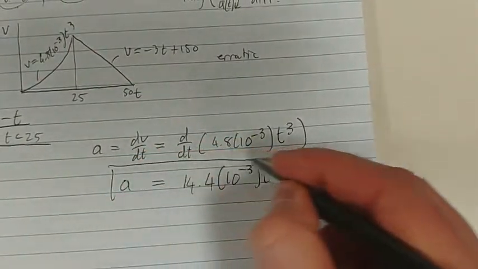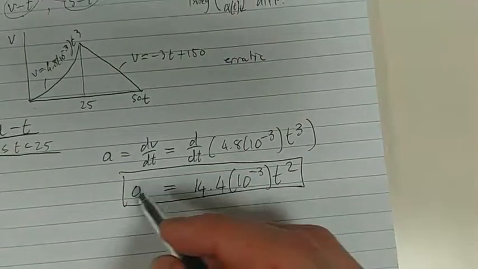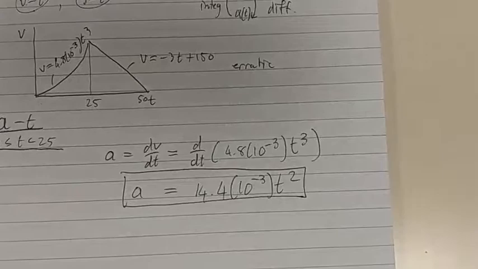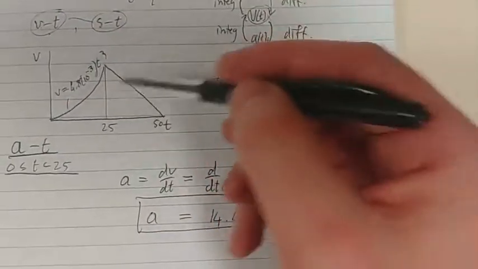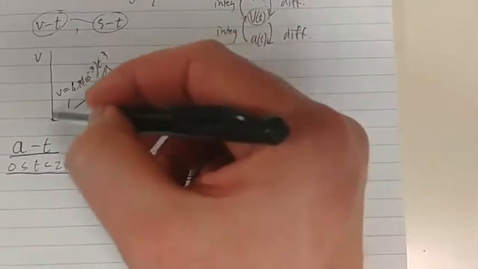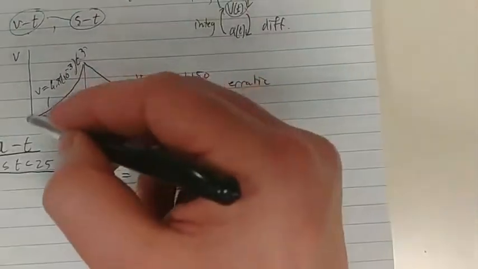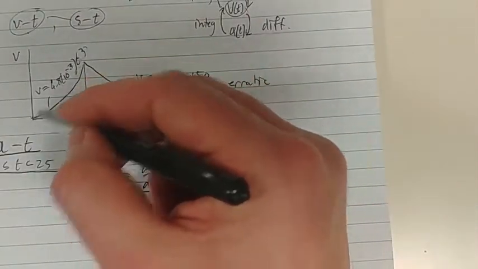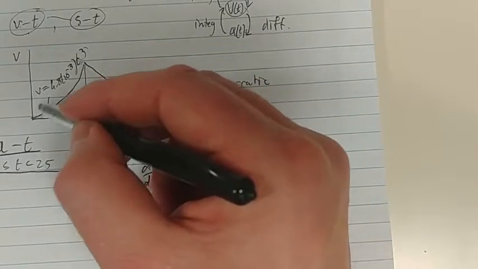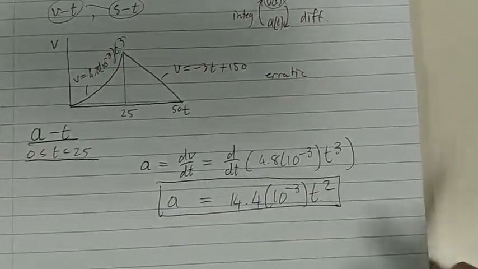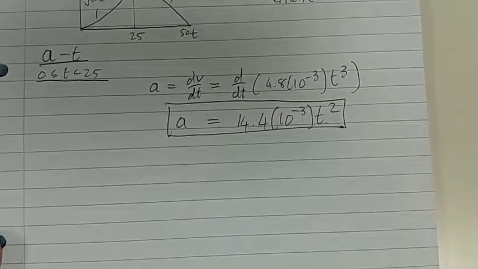There's my acceleration function over that time period. What you notice is if we're moving from velocity to acceleration and we have a cube function, we're going to have a squared function here. If we had a linear function, say just v equals t, then here we would have a constant. So you need to also check if your answers are right by using that kind of logic.